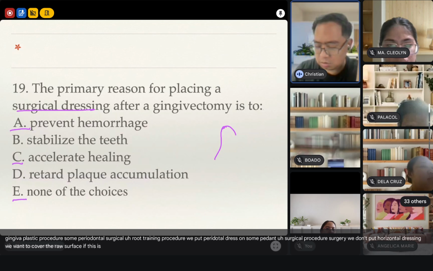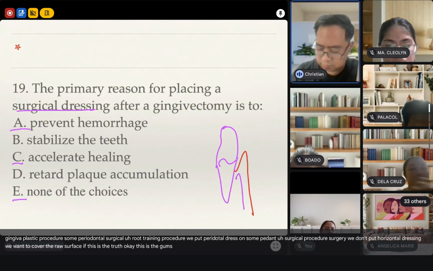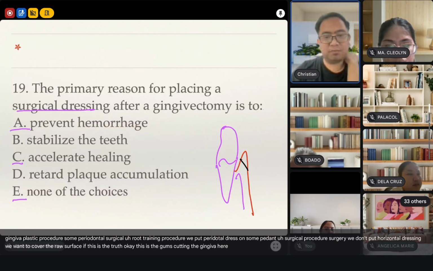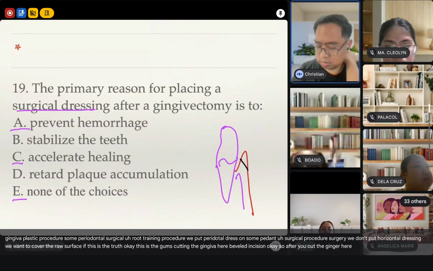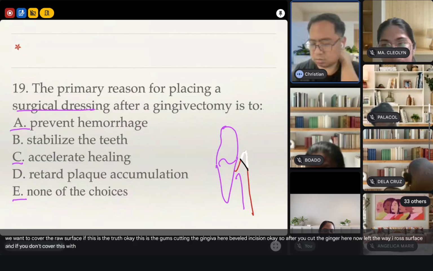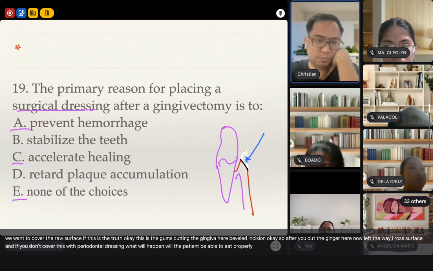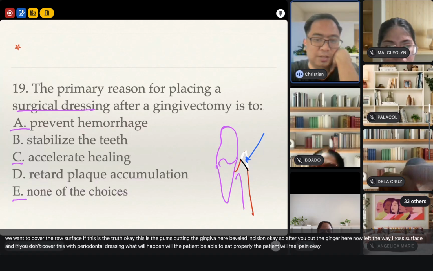If this is the tooth, this is the gums. We're cutting the gingiva here, beveled incision. So after you cut the gingiva, you're left with a raw surface. And if you don't cover this with periodontal dressing, what will happen? Will the patient be able to eat properly? The patient will feel pain. Masakit for the patient.